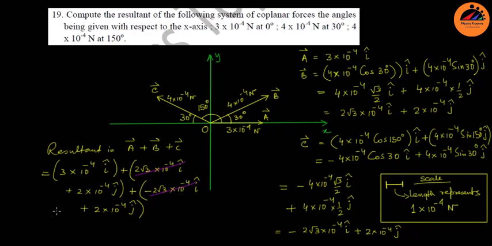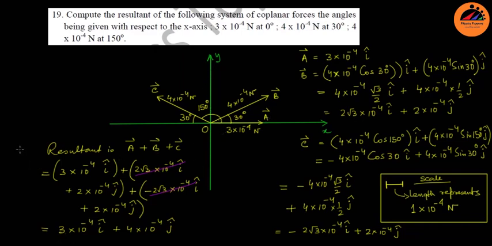So it will be 3 into 10 to the power minus 4 I cap plus 4 into 10 to the power of minus 4 j cap. Okay, so you can represent it back in the original way how it is given. So it is 3 times this and 4 times this.